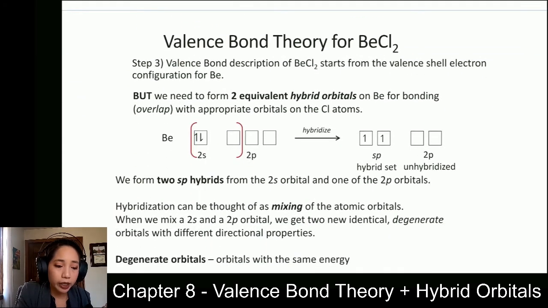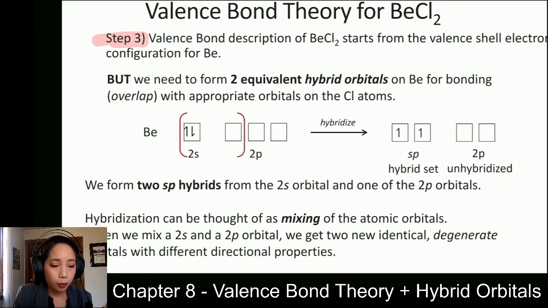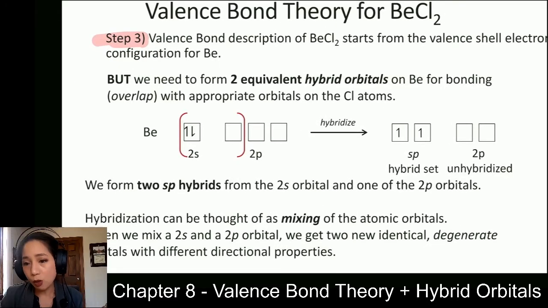So now we can move on to step 3 to now use valence bond theory to describe beryllium chloride. So we need to look at the valence shell electrons for beryllium. Again, we'll draw out the valence shell for beryllium, but we'll draw it as an orbital diagram.